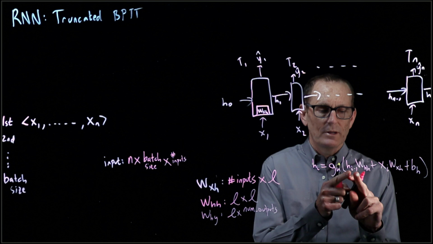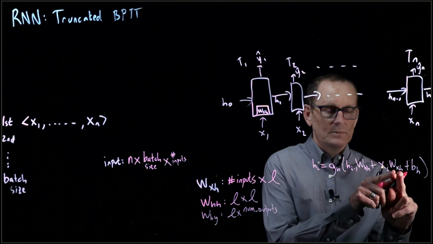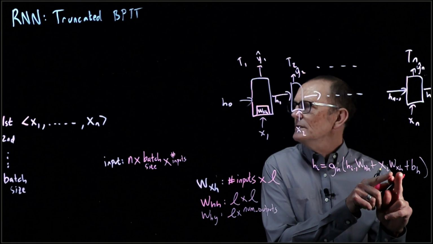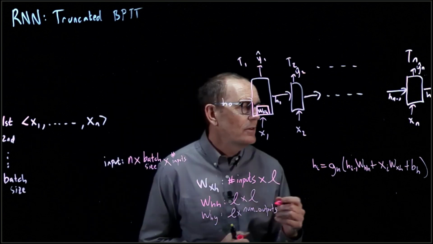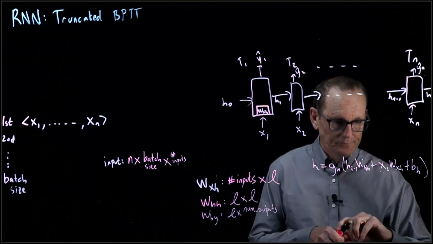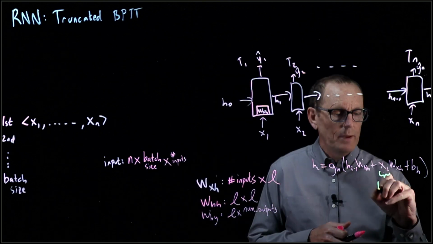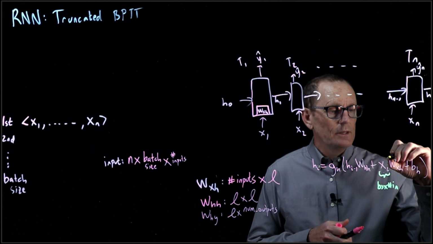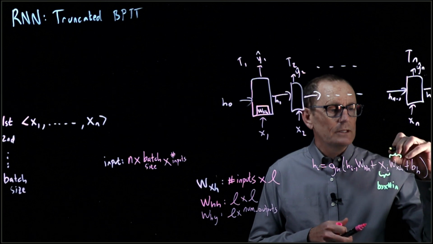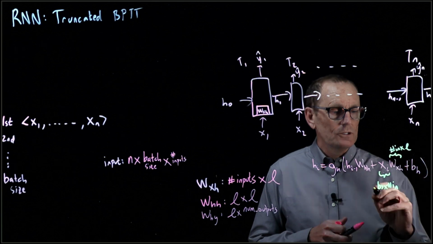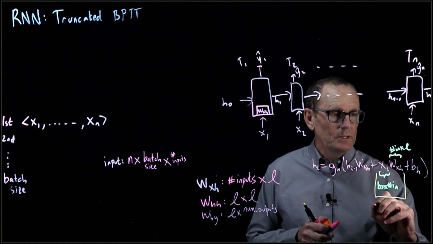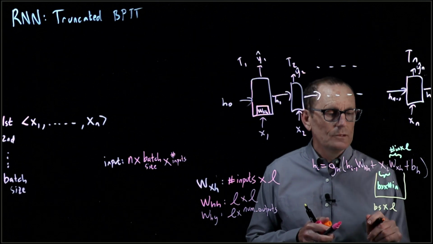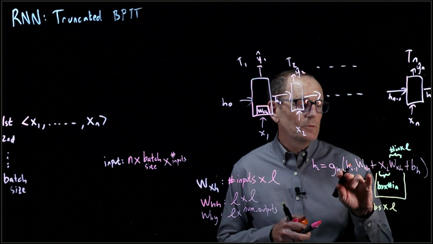We know x sub i times WXH is going to be, so let's look, what is x sub i? x sub i is going to be one of these. So it's going to be batch size times number of inputs. This one, batch size by number of inputs. This one is number of inputs times L. So the total is going to be batch size times L. That means the output of this one is going to be batch size times L.